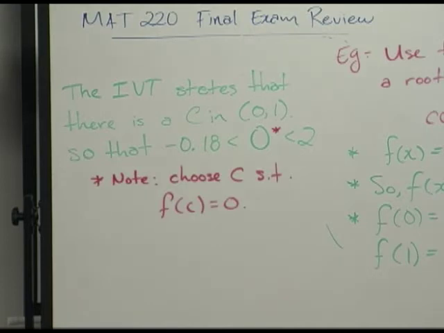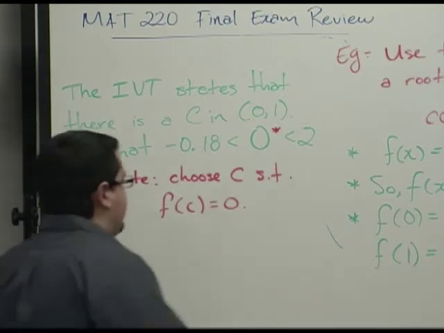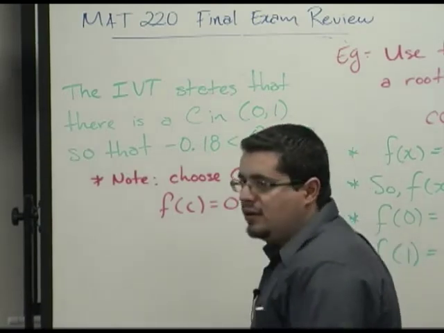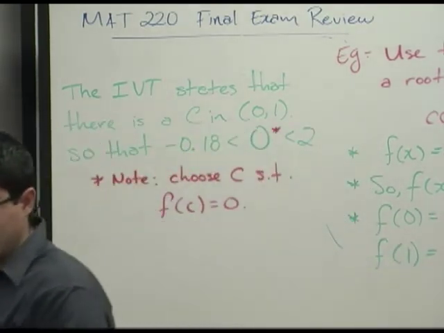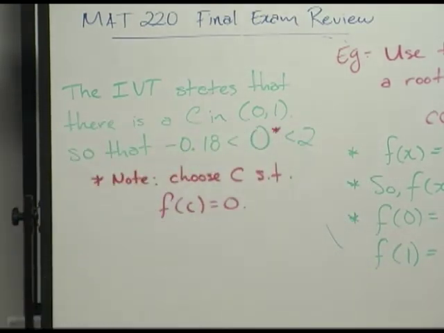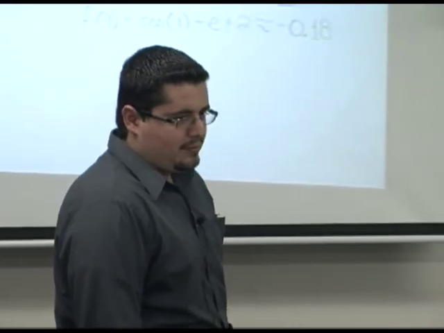Okay, one of the other things that is worth remembering is the definition of a derivative. So let me ask you guys, what is the definition of a derivative? Well, it's a limit, right?